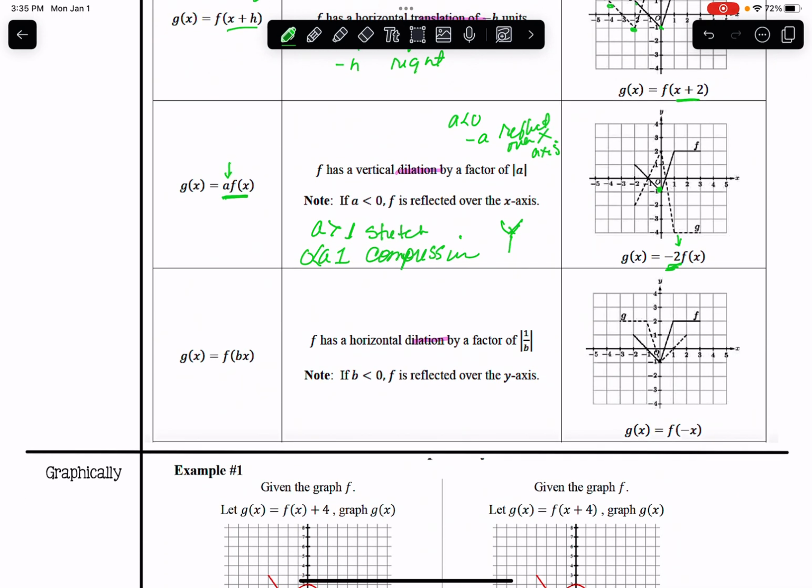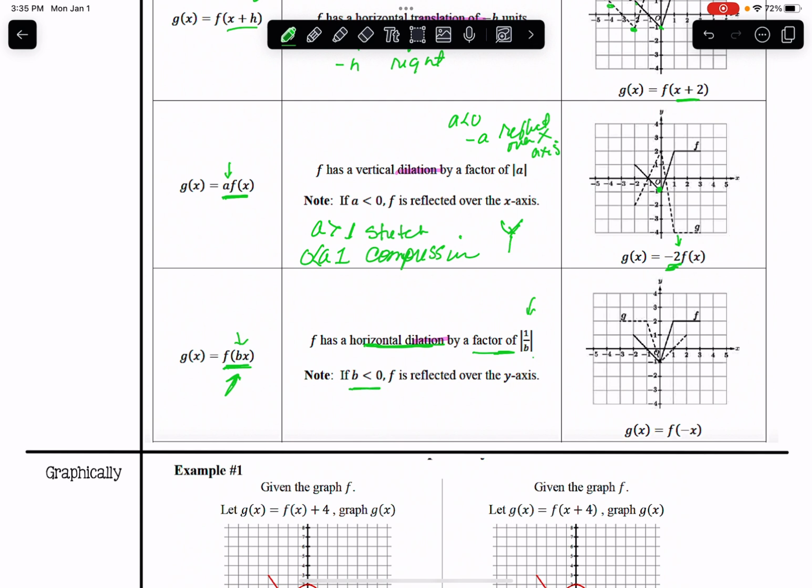Now, a horizontal dilation occurs inside the function, so you have f of b times x inside, and that makes you multiply by a factor of 1 over b. So whatever they're multiplying by inside, you do the reciprocal of it.